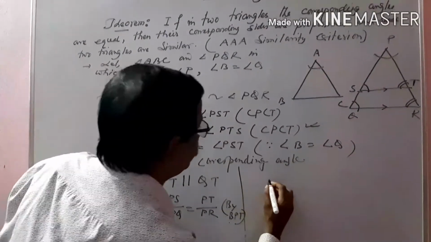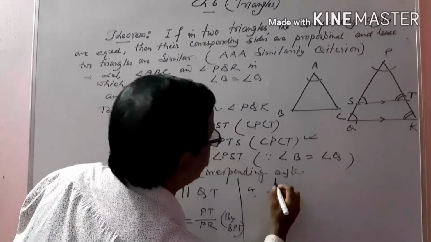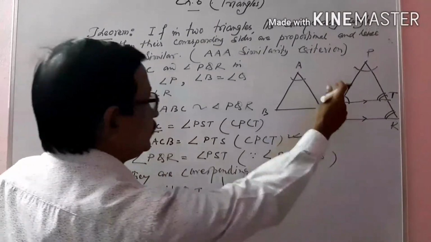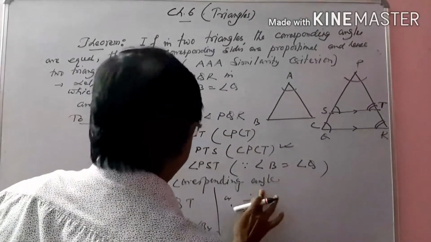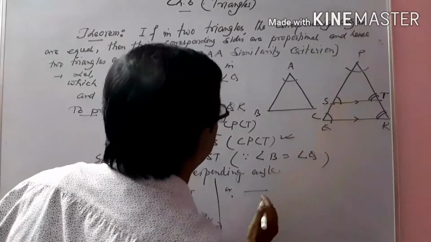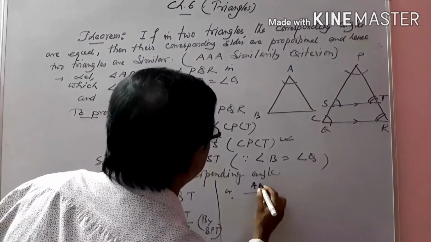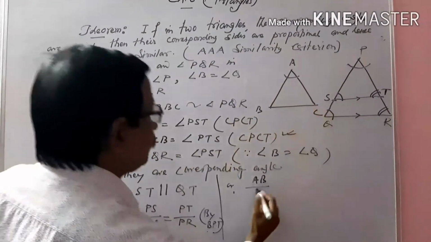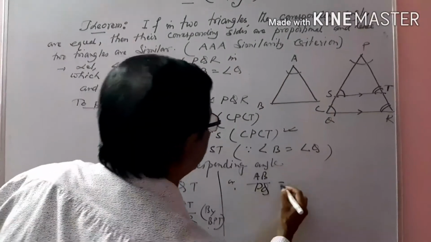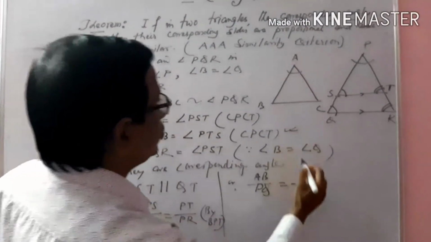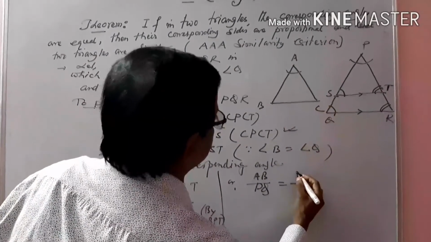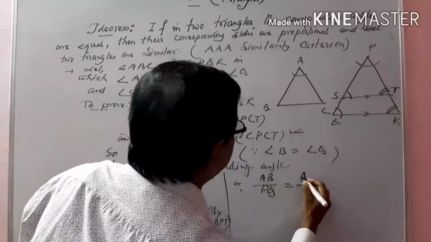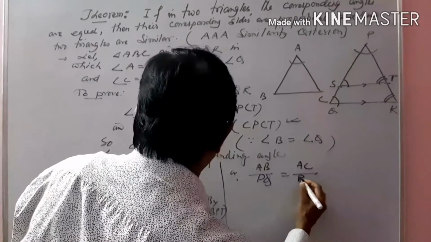Now, then what can we write? PS remains same, and instead of PS, we can write AB. PQ remains same, and PT is equal to AC according to construction. So PT replaced by AC by PR.